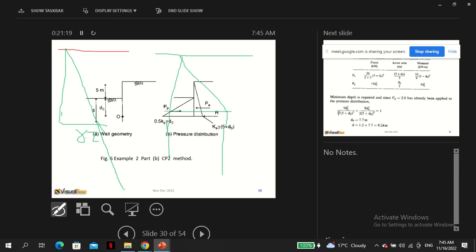So up to a critical depth, then this is the actuality. This is due to arching of the soil. That's the idea, and this is observed in dense sand.